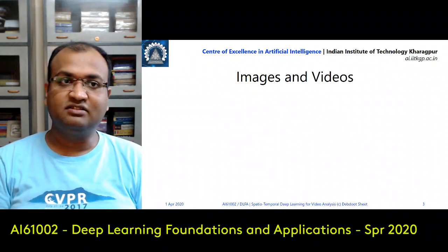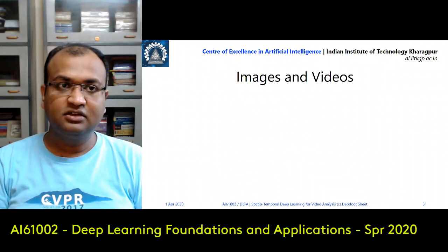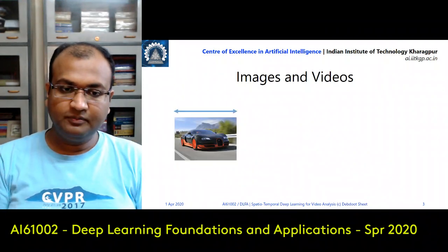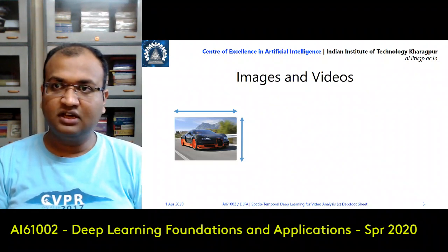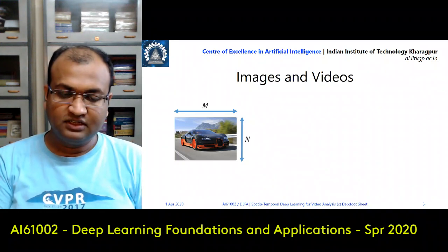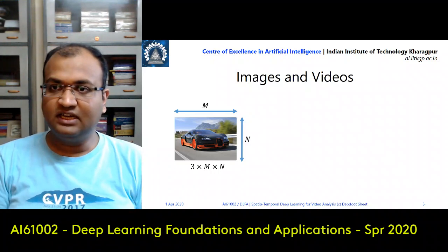So what is the data structure, or the tensor representation, or the tensor size for a video? Typically, for an image, you had rows and columns, say M cross N, and because you have colors, there are three different channels for representing color.